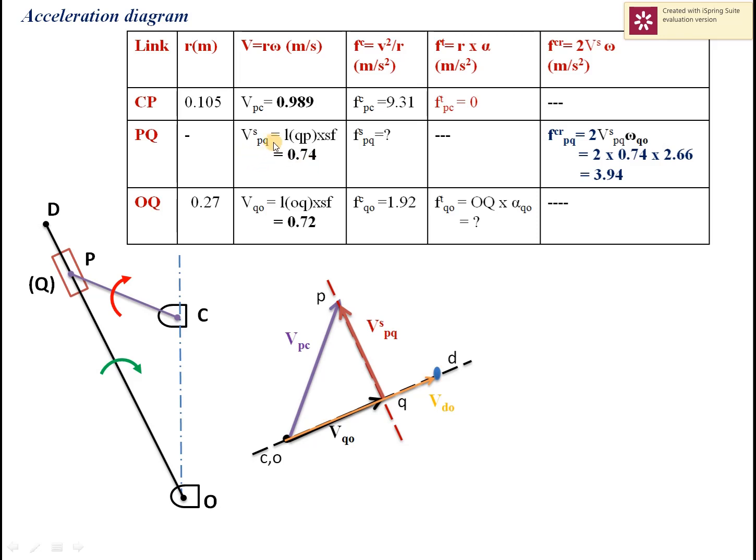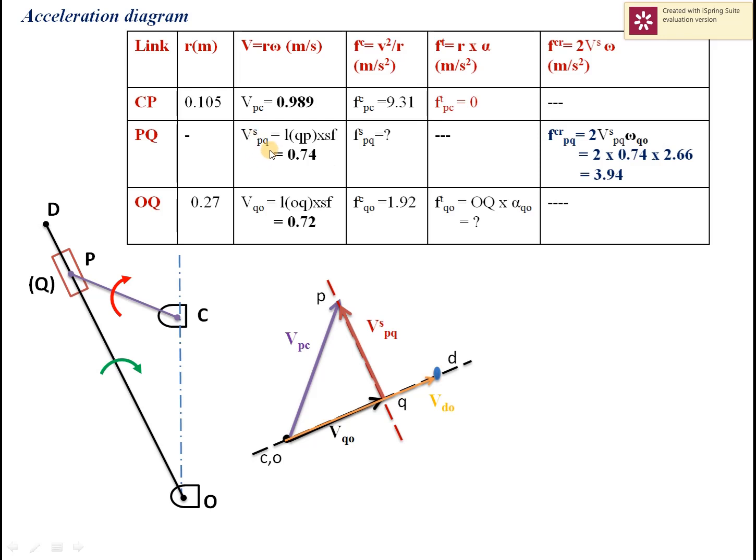Now this sliding velocity VSPQ of slider P relative to Q is rotating with link OD, and we have seen in the last lecture on Coriolis acceleration that when a sliding velocity vector rotates or changes its direction, we have an additional acceleration component called the Coriolis component of acceleration.